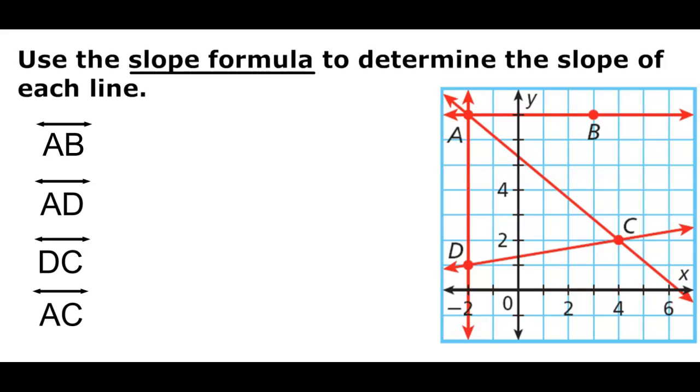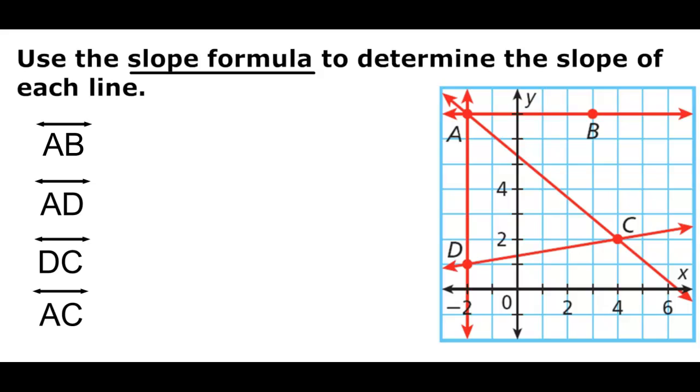We're going to use the slope formula to determine the slope of these lines. First, we're going to find the slope of AB. We're going to use point A, which is at -2, 7, and point B, which is at 3, 7.